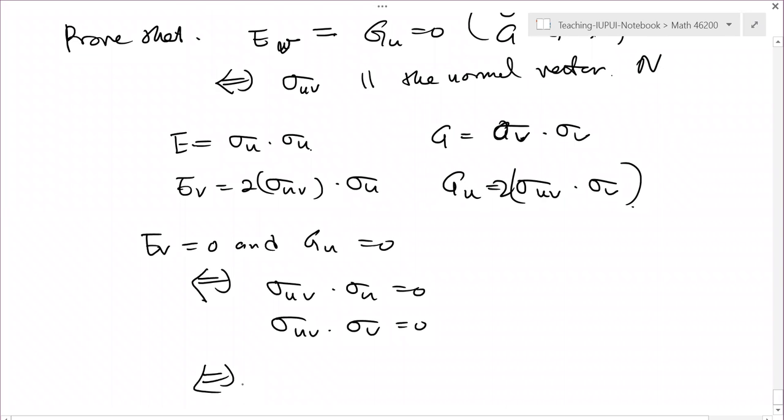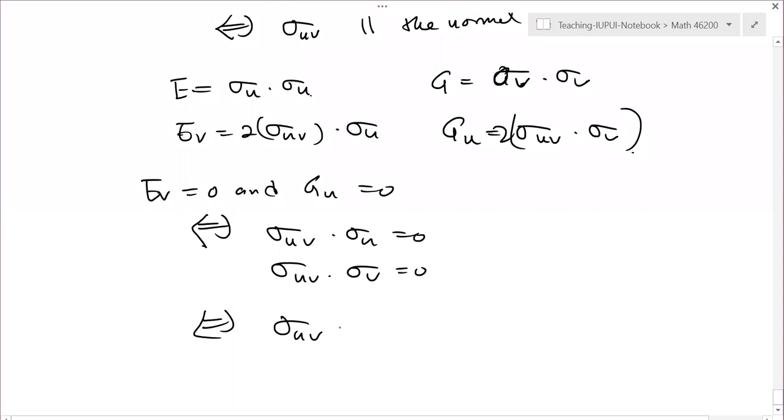If and only if sigma_UV is perpendicular to sigma_U, and sigma_UV is perpendicular to sigma_V, right?